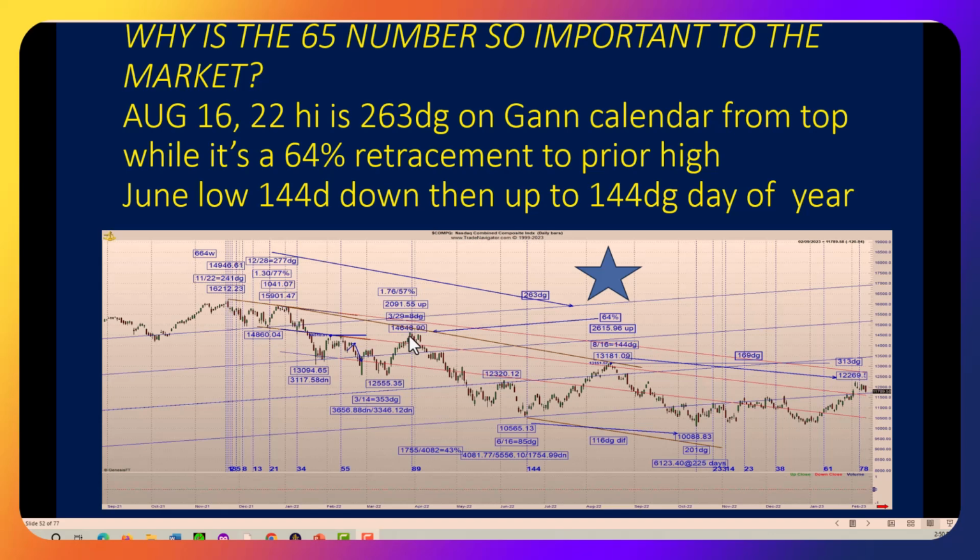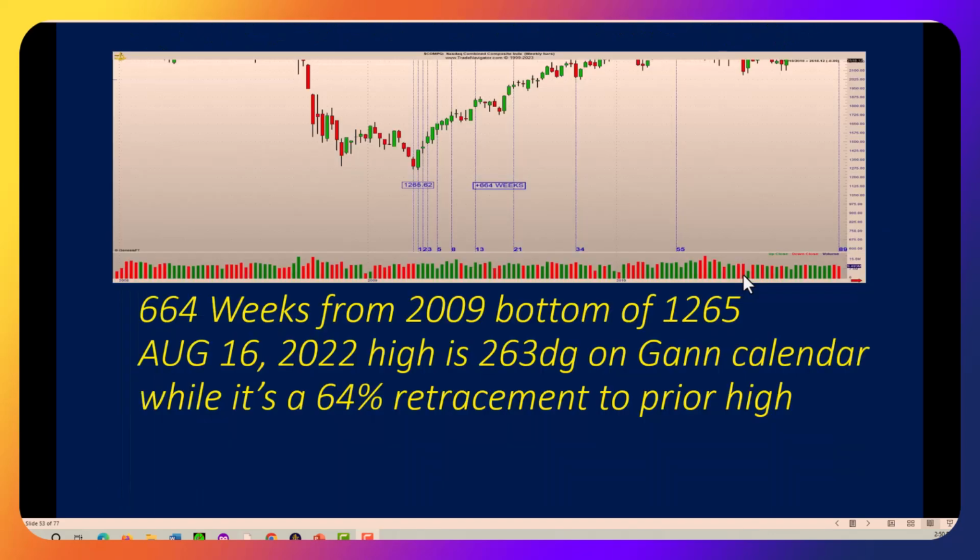Okay? I mean, that's a lot. So what you need to do is just take a little inventory about how all this stuff works. And look, the next high was 12,269, and this is 169 DG difference. So this just keeps working and working and working.